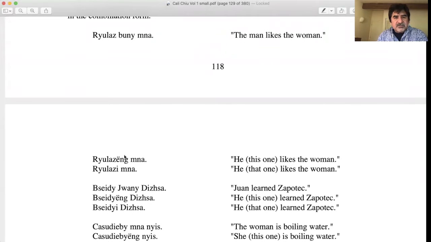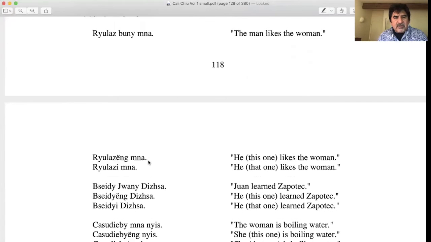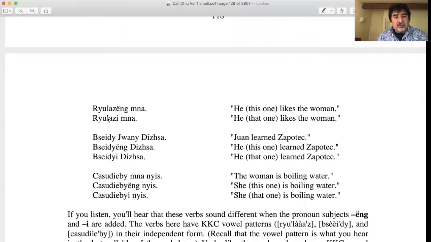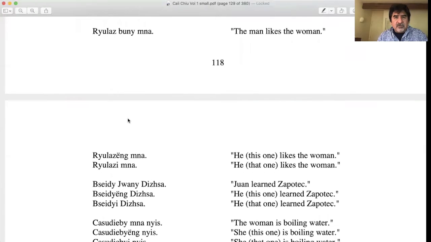Now we are substituting the e with two dots and ng for the man or boy in this case. Or if you don't feel any closeness to this person, it's not close by, then you use the i, so you can say Rulazimna. Either one is perfectly fine, substituting it for the man.